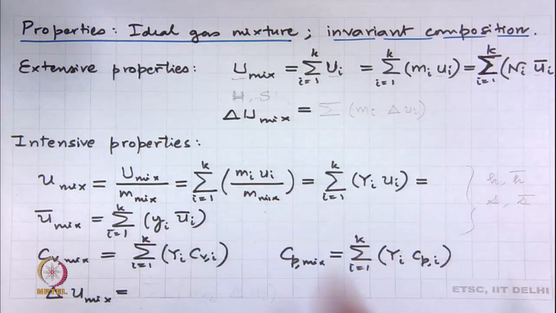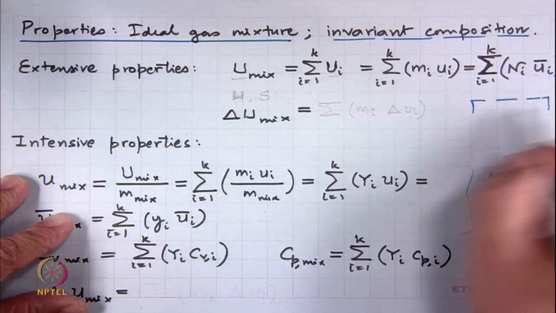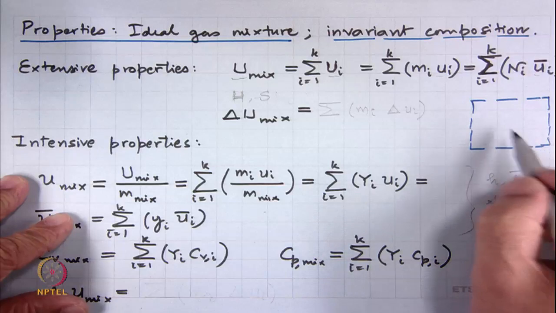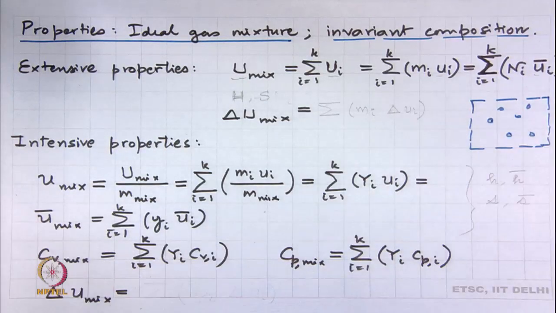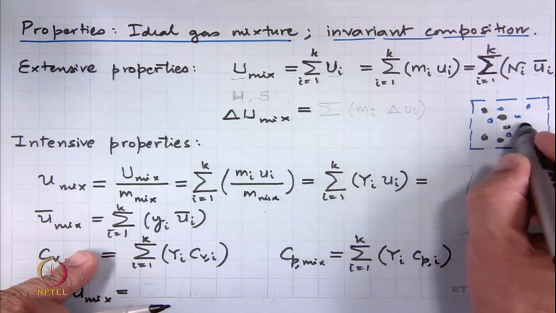So, we say we have a system in which we have this mixture, there is one component there and a second component there, and could be more components there.